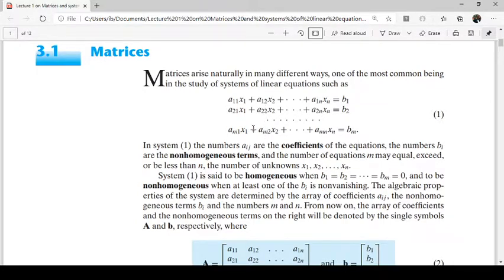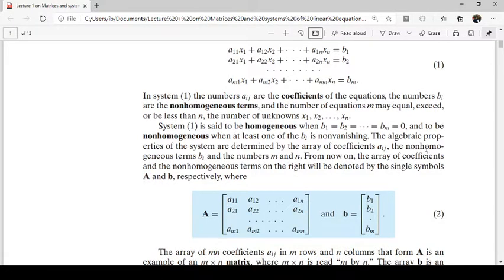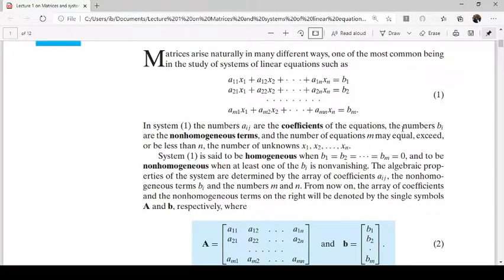We say that equation 1 is homogeneous if b1, b2 to bm are equal to 0. If at least one of the bi is not vanishing, that means one of them is not 0, then we say it is non-homogeneous.